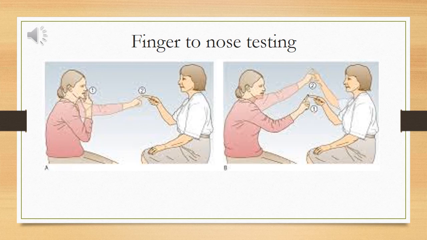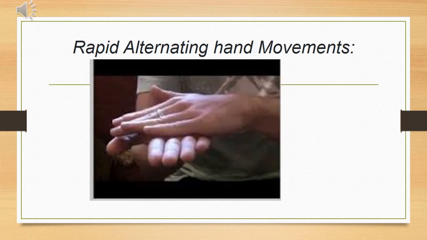Move your finger around superiorly, inferiorly, to the right and to the left, and assess the patient's coordination. The other part of examination of the coordination is the alternating hand movements. Ask the patient to alternate rapidly for each hand in supination and pronation, and examine each hand apart.